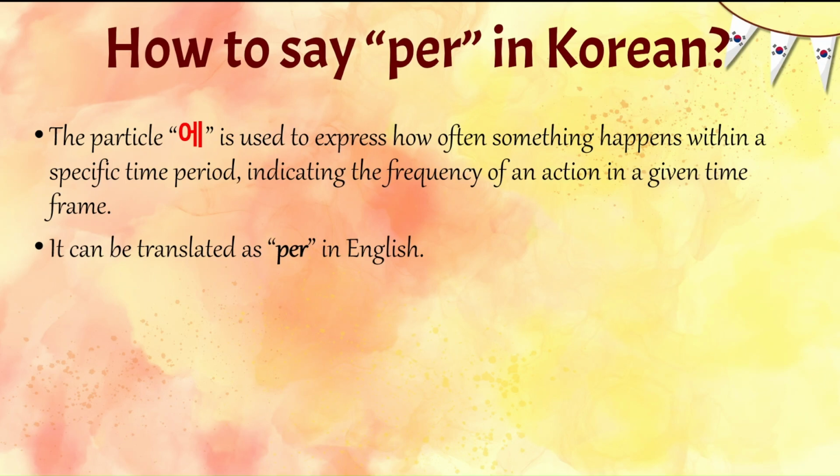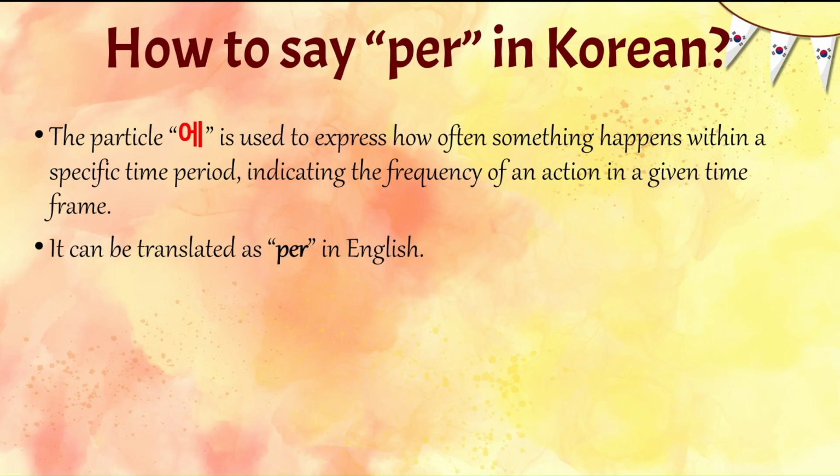So, the particle 에 is used to express how often something happens within a specific time period, which means it is used to indicate the frequency of an action in a given time frame.